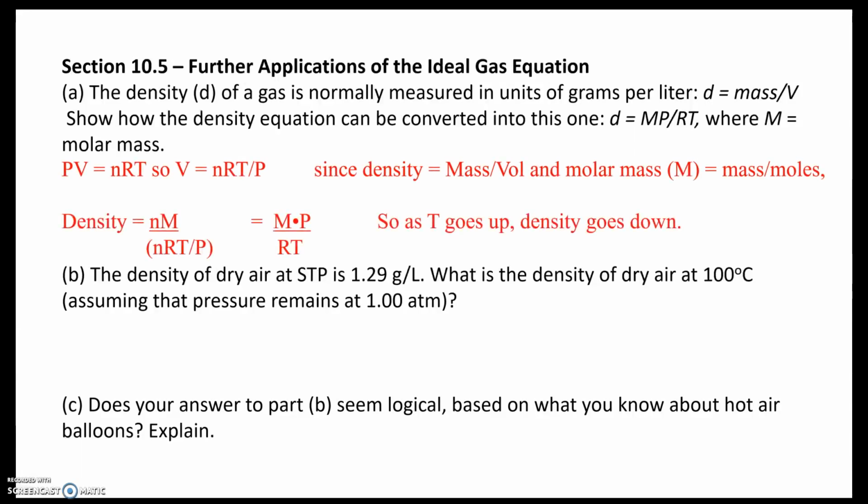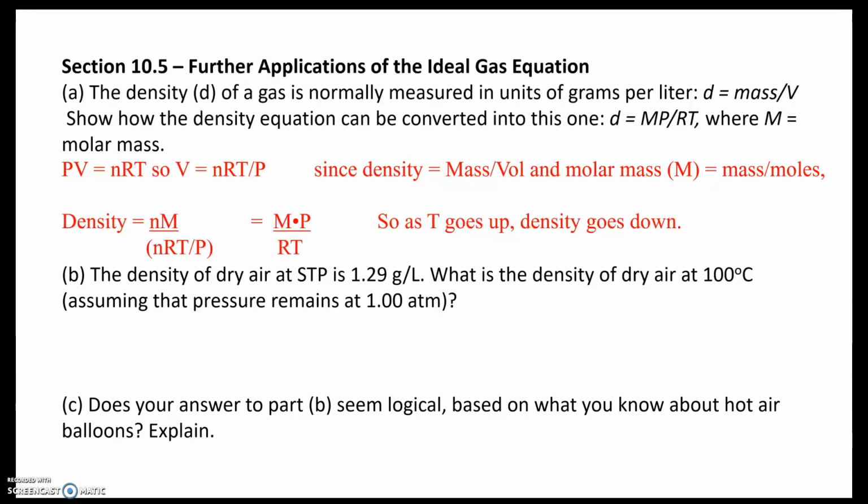All right, so we know we have the ideal gas law, PV equals nRT, and we rearrange, or really just divide both sides by P, and get V is equal to nRT over P. We know that density is mass divided by volume, and molar mass, which we abbreviate with capital M, is equal to mass divided by moles.